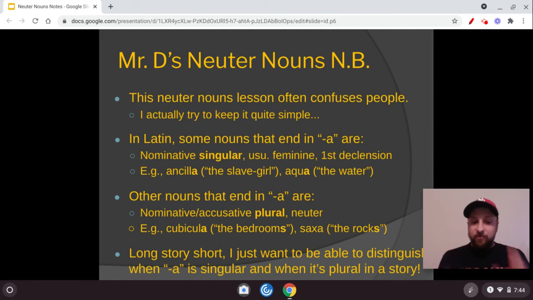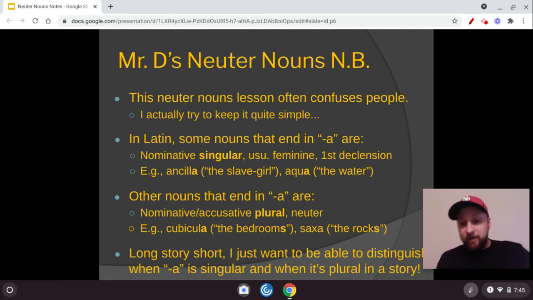When the regular form of the noun ends in -a, like ancilla, puella, femina, for example, that's singular. But when it's been changed to -a from something else, it's going to be plural. So cubicula: we know that the regular word for bedroom since last year is cubiculum, but it's been changed to cubicula. And so now cubicula is bedrooms.